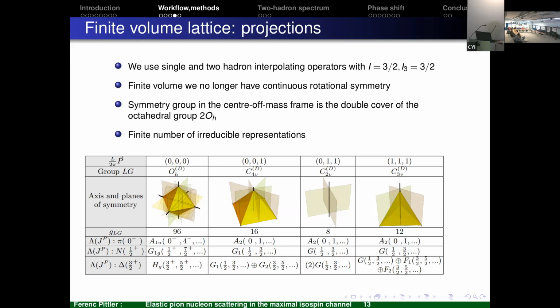For example, the HG is dominated by 3/2 contributions, but it also has contributions from the 5/2 isospin case. So we have to make the assumption at the end that this can be neglected.